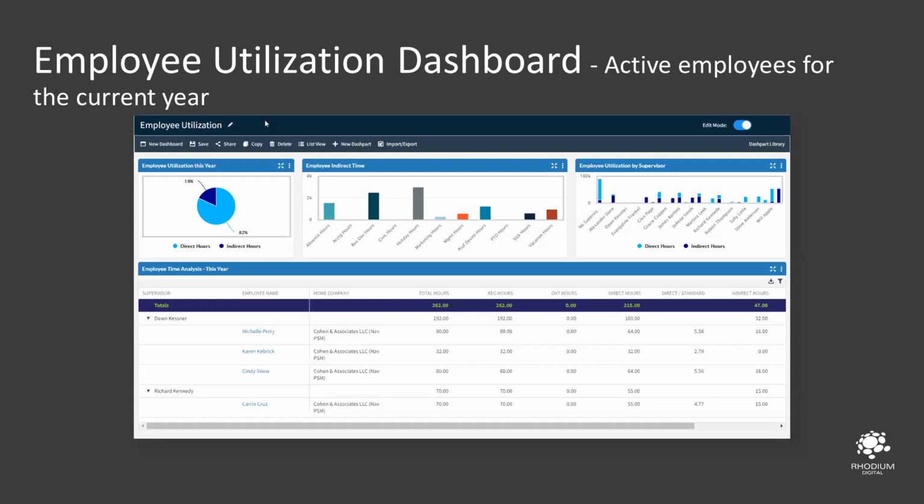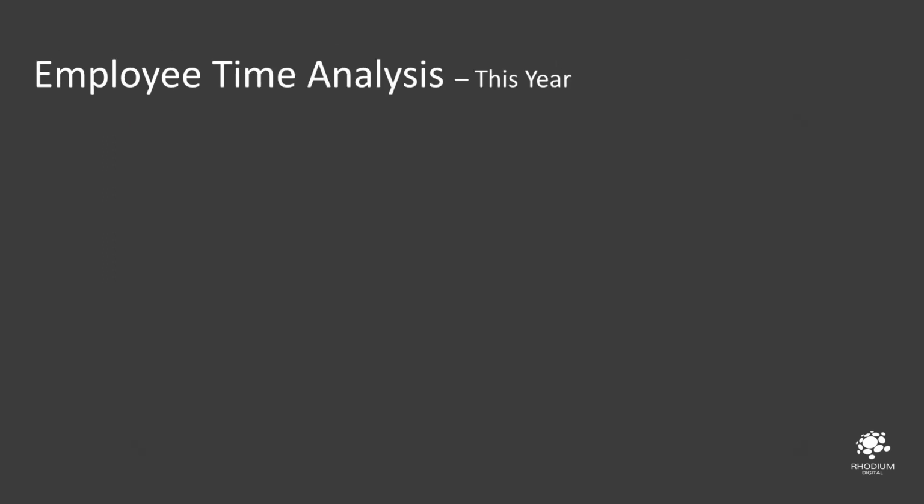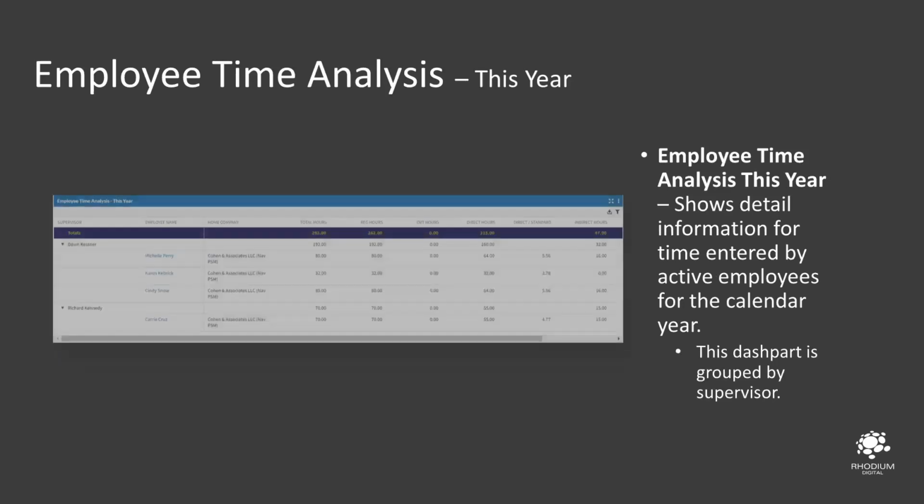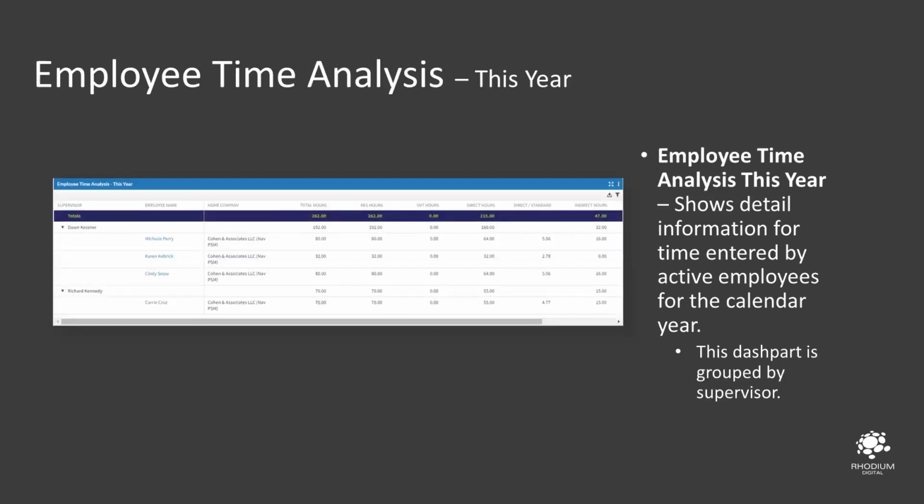And so we have very similar graphs here, but in addition, we might look at something like time analysis, which again, in this representation is a tabular view showing all the information entered by employees who are active during the current year. And as noted in the bottom right-hand corner, this dashboard is grouped by supervisor.